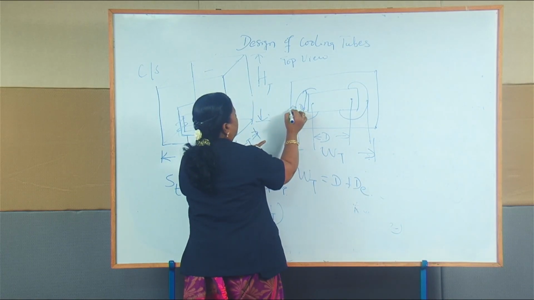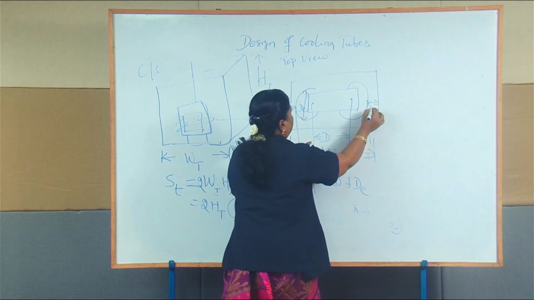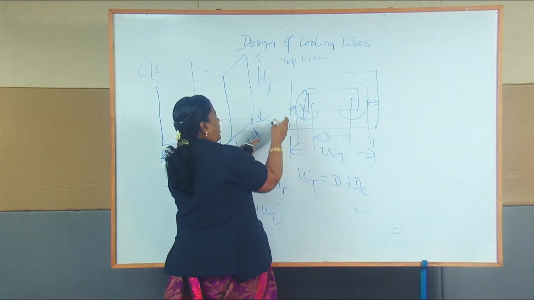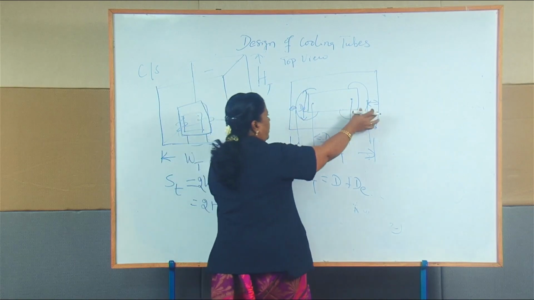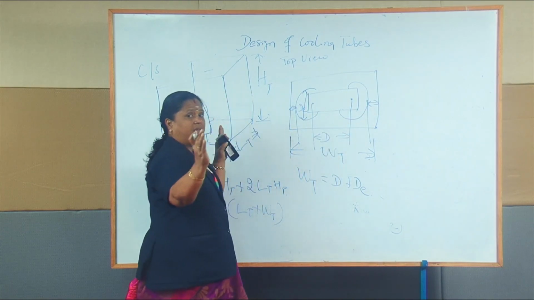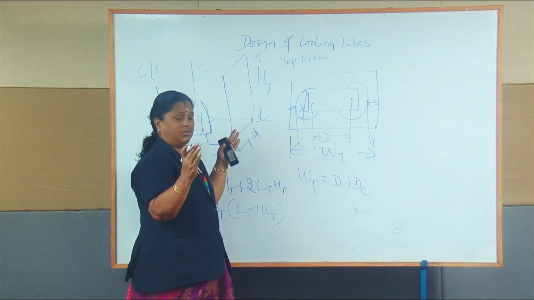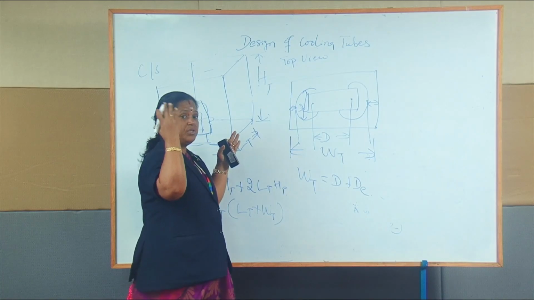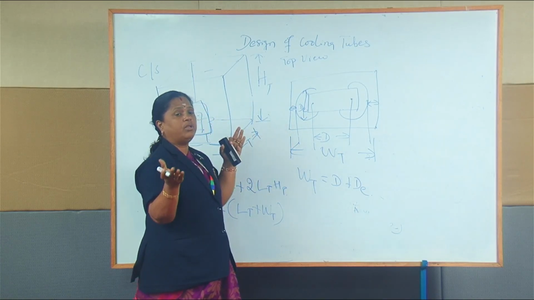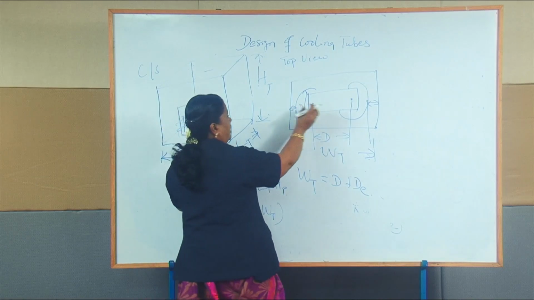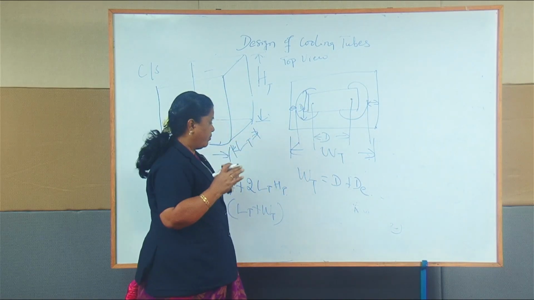Consider the clearance. There will be some clearance between the wall of the tank and the transformer winding. This clearance will increase if the power rating is higher or the voltage rating is higher, so based upon the voltage and current rating we have to give the clearance accordingly.